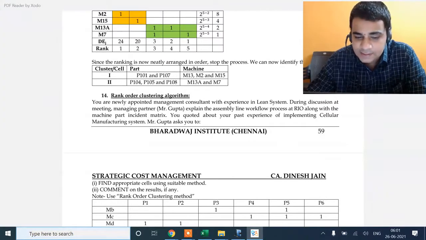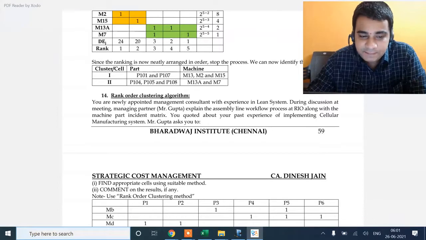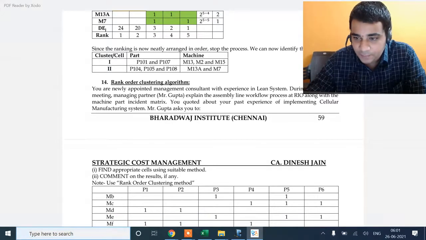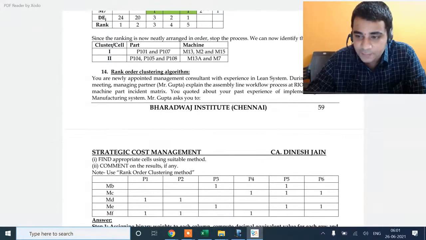Machine part incident is which machine is needed for which part. They are mapping them. You quoted your past experience of implementing cellular manufacturing. Mr. Gupta asks you to find appropriate cells. We are required to find the cluster of cells. Comment on the results.